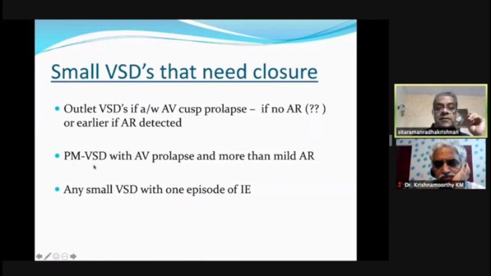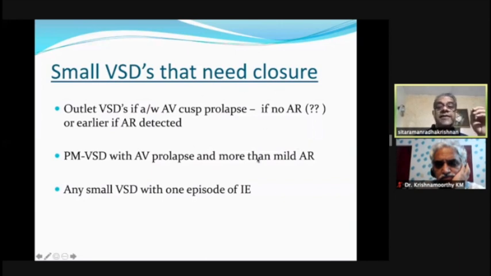And then there are a group of perimembranous VSD, which can also cause aortic valve prolapse, and should also be treated, although hemodynamically, unless a few of them present very late with florid aortic regurgitation.